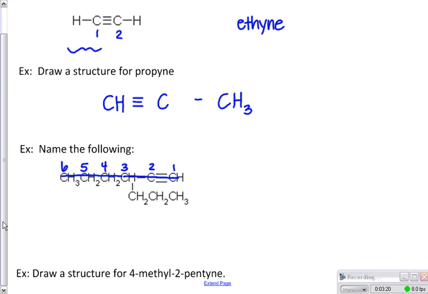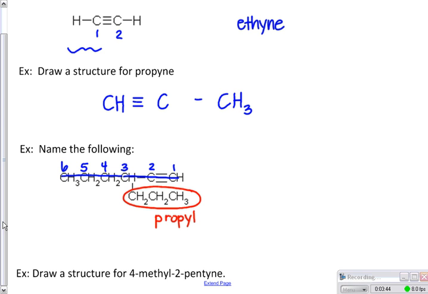And we want to make sure that we number it so that the triple bond has the 1 and not the 6. Now, if you look at that one, what you would identify off of the parent chain here would be this group. Because there are 3 carbons in this group, this would be a propyl group.